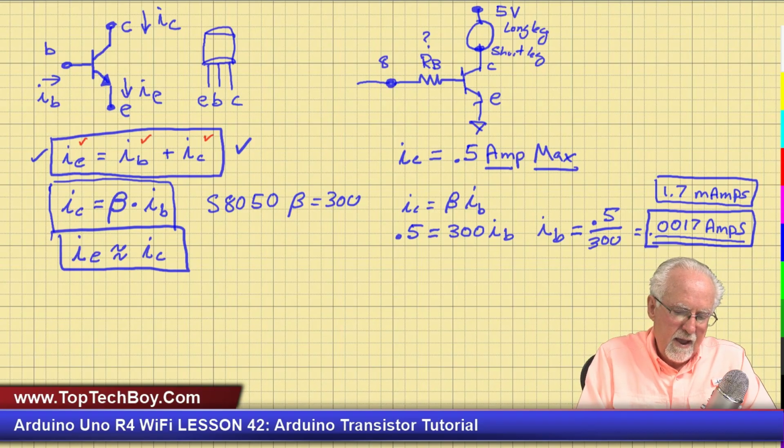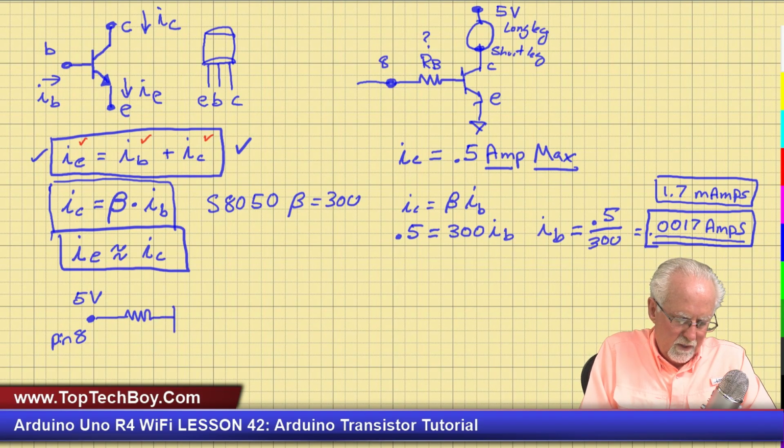So what I want is 0.0017. Now what I've got to do is look over here at this transistor circuit again. This pin 8, we're going to have the pin 8 at 5 volts. So that's pin 8. Now we're going to come through this resistor, and then we're going to come to the transistor, and then this is going to go to ground, and then this will go up to the buzzer.